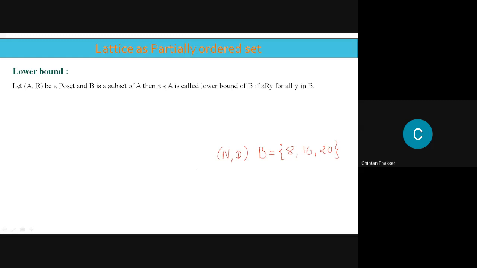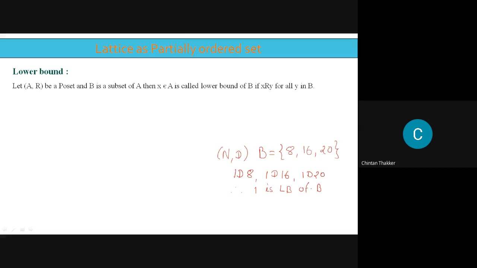So here 1 divides 8, 1 divides 16, 1 divides 20. Okay, so we have here 1 is a lower bound of B, because 1 divides 8, 1 divides 16, 1 divides 20.